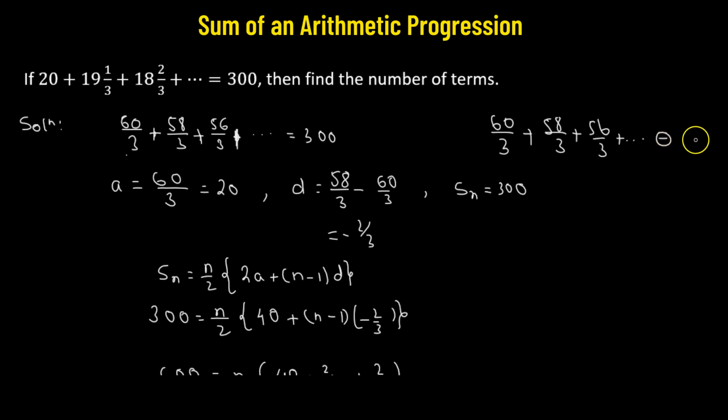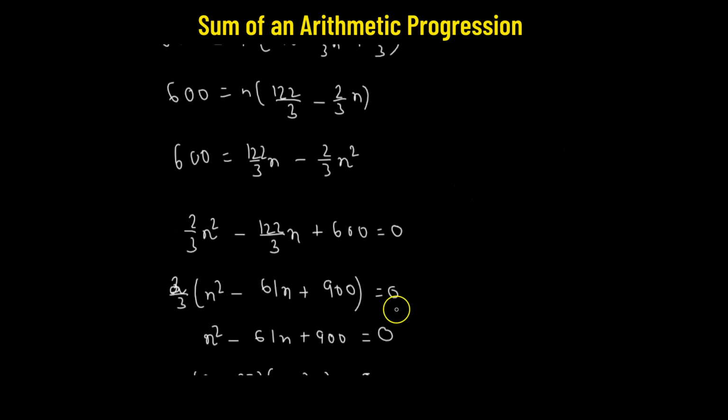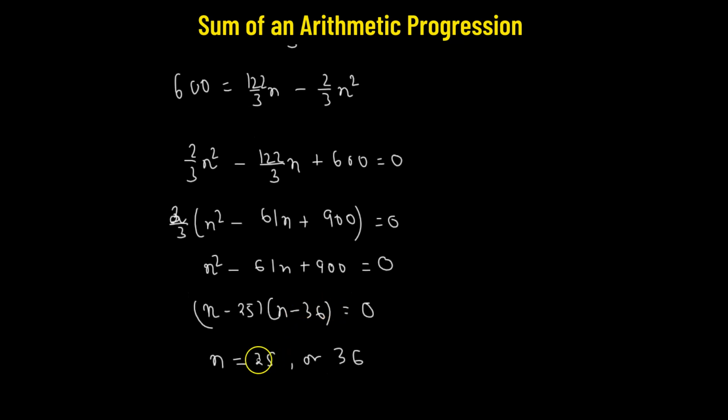If we take the sum from the first term to the 25th term, we are going to get the value 300, and beyond 25 we are also going to get some positive and negative numbers. So if we go up to the 36th term, we are still going to get 300. That means the sum up to the 25th term as well as the sum up to the 36th term is equal to 300.